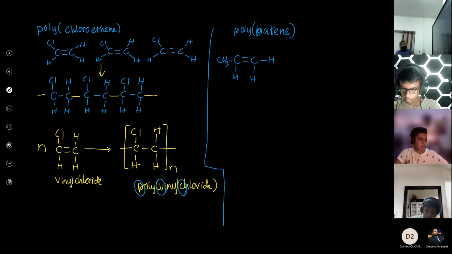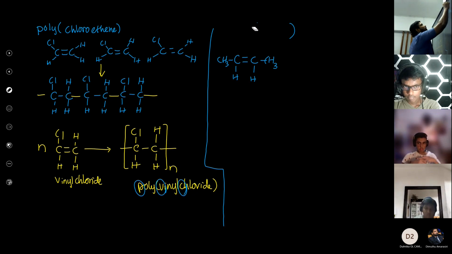This is not butene, this is propane. Is it the same structure? They make it chlorine. Can the CH go up? Butene may be slightly too hard.